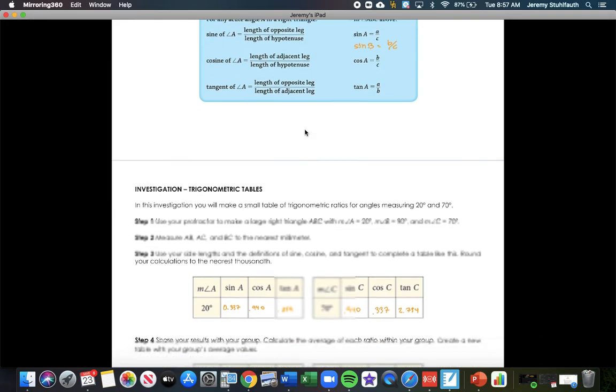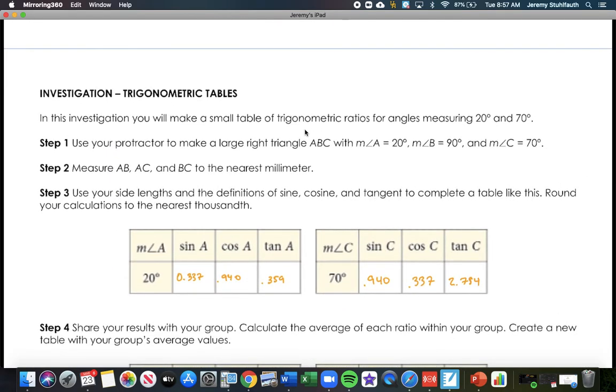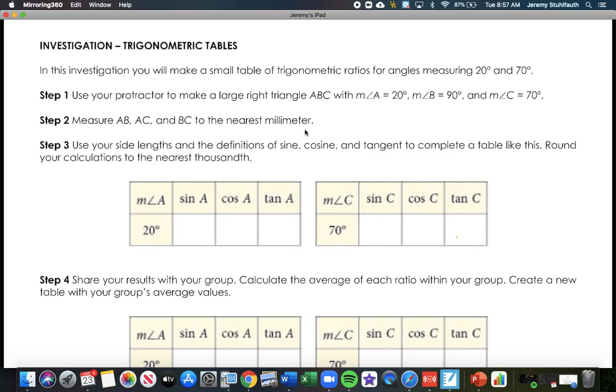Now, what we're going to do is see if we can find some relationships between these different ratios. Okay, so what I want you to do, and you can follow along, is instead of using a protractor and a ruler and paper, you can do this on Desmos geometry.